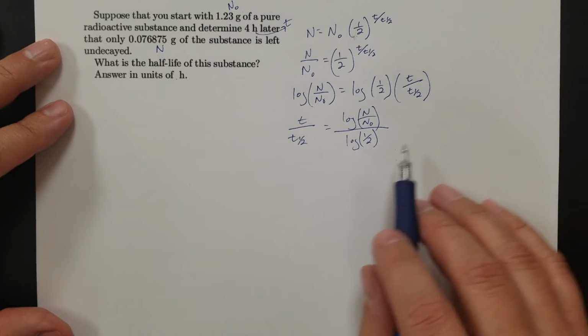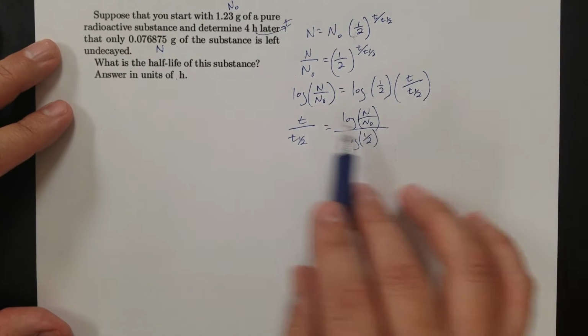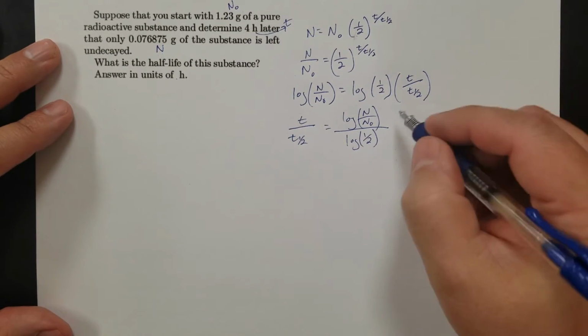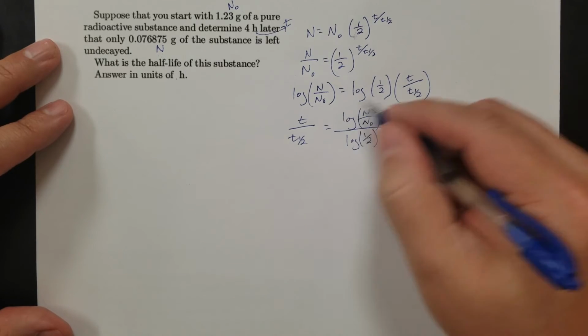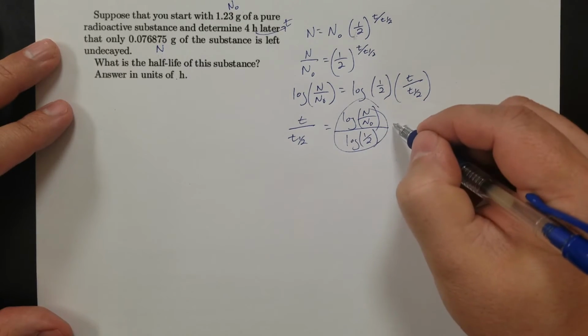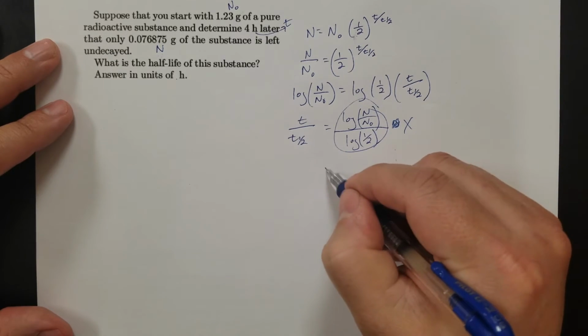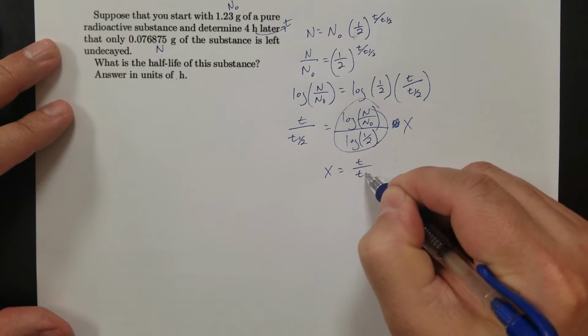And if you do log of N over N naught, whatever yours is, you're going to get a number, right? So this whole thing, when I divide this, I get some number. I'll call it X, so I have X equals T over T half.